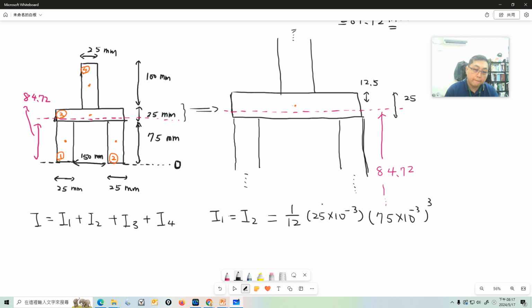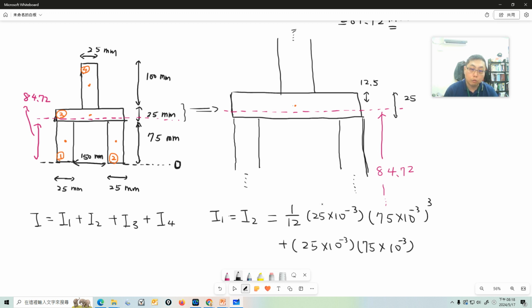That's not over, because the neutral axis is not passing through the centroid of area 1 or area 2. So you need to use the parallel axis theorem. You need to add A d squared. A is the area of area 1 or area 2, which is 25 millimeters times 75 millimeters.